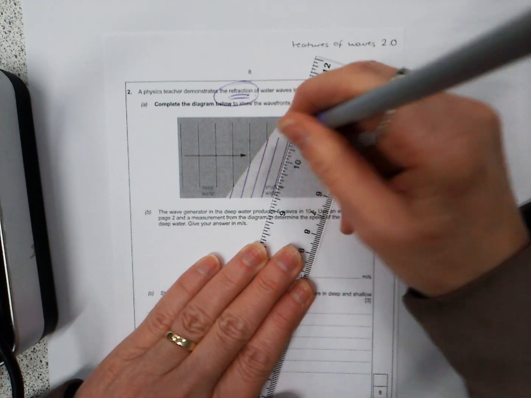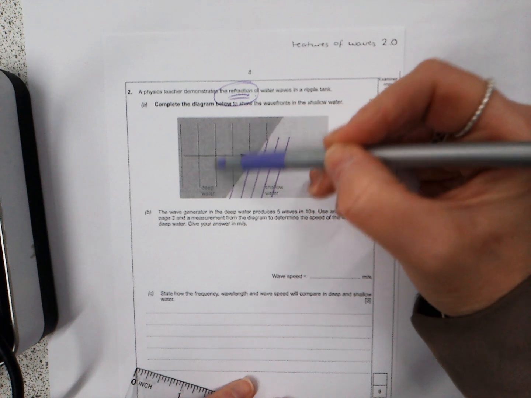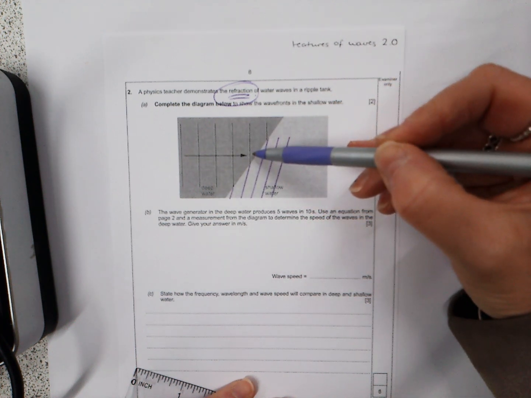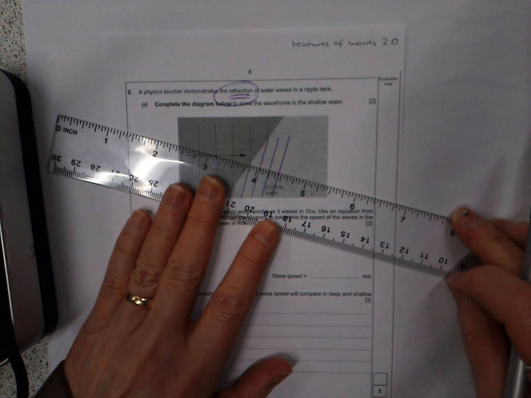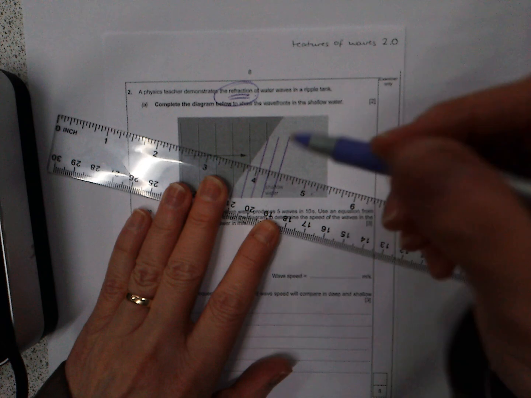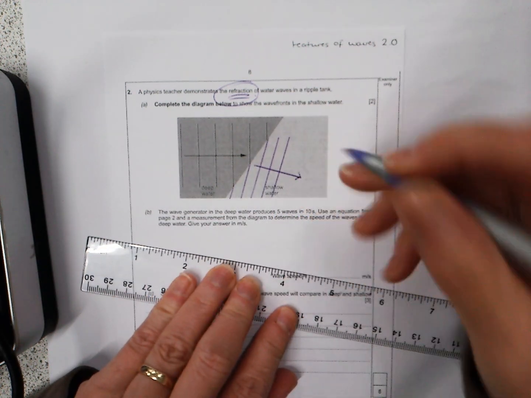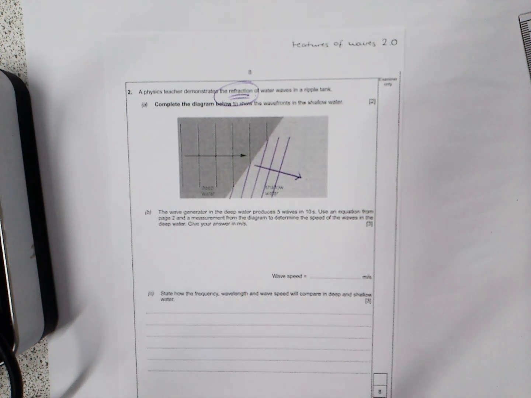So there we go. Whereas the direction arrow, which is at right angles to the wave fronts, is going in that direction in the deep, in the shallow, the direction is going to be more like that. That arrow isn't needed actually. The question only asks you to draw the wave fronts. We've drawn the wave fronts.